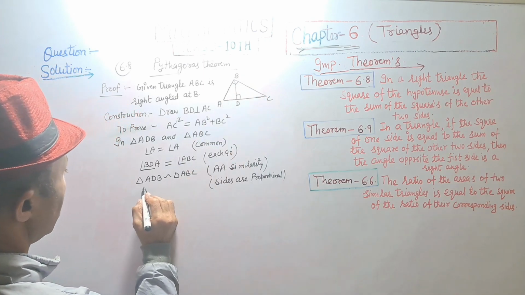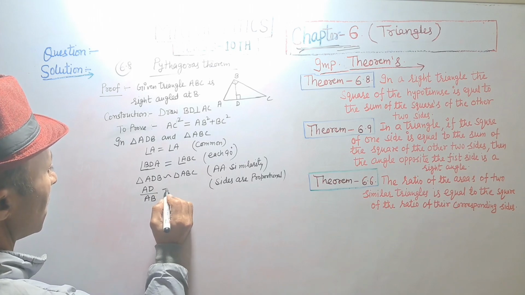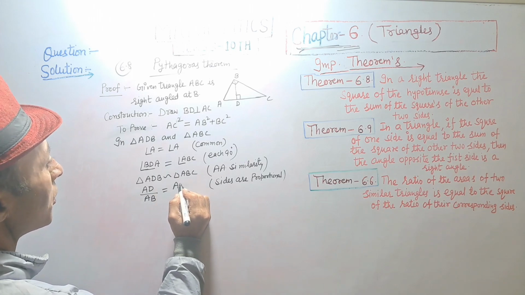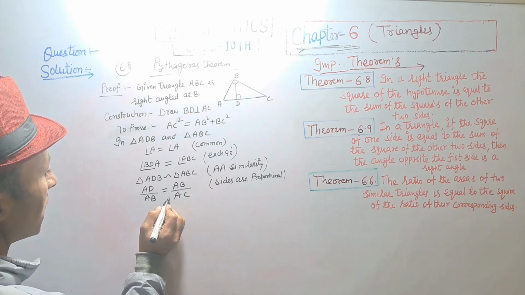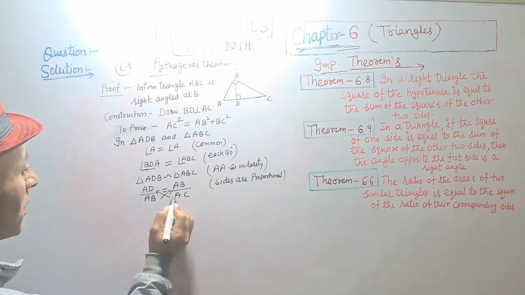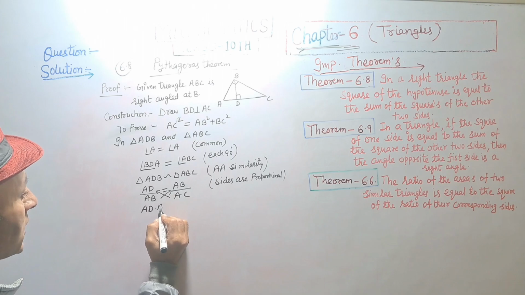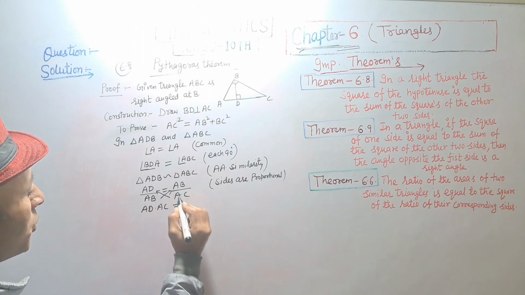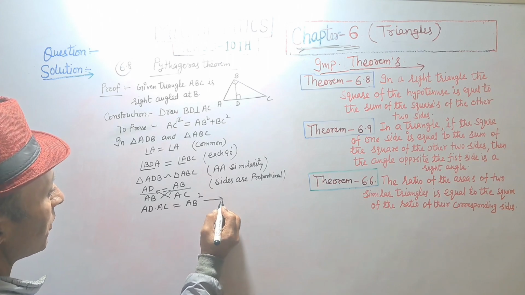AD upon AB is equal to AB upon AC. So AD into AC is equal to AB into AB, that is AB square. It's equation number first.